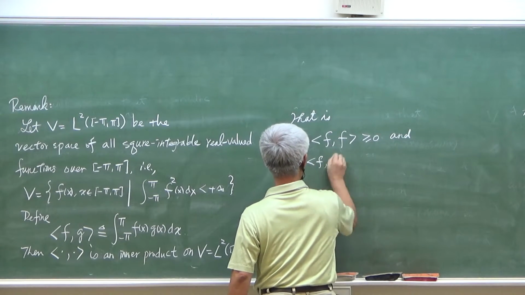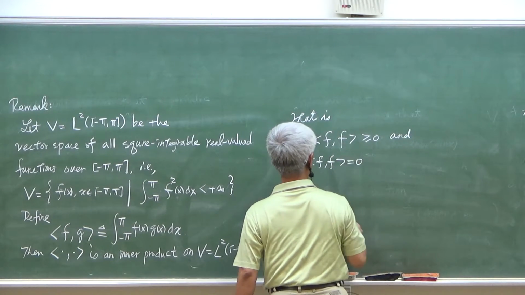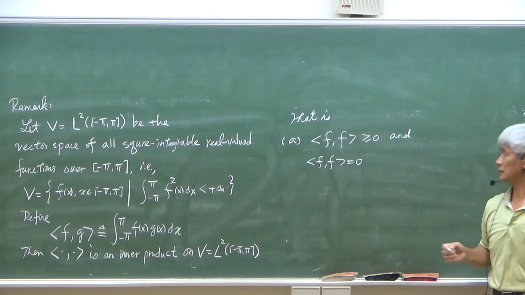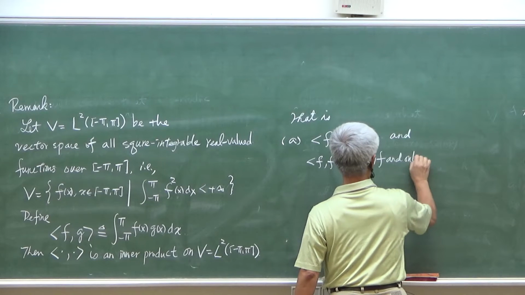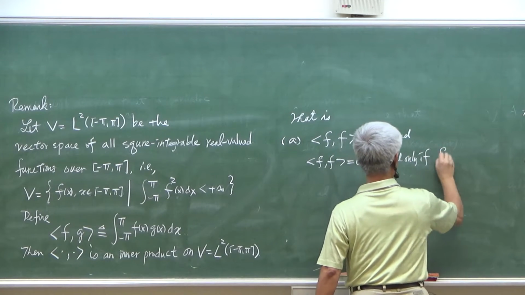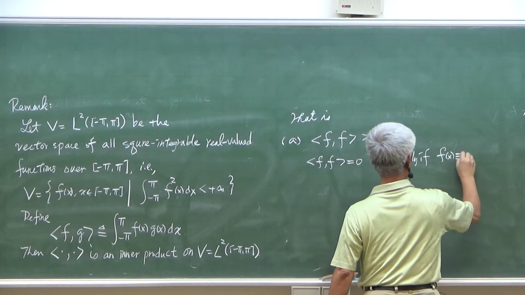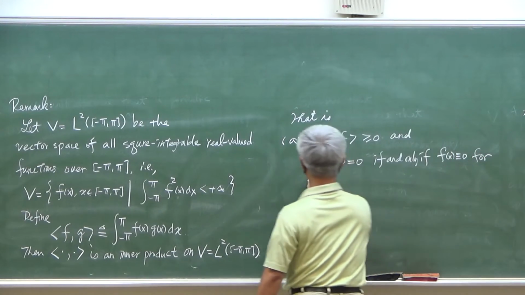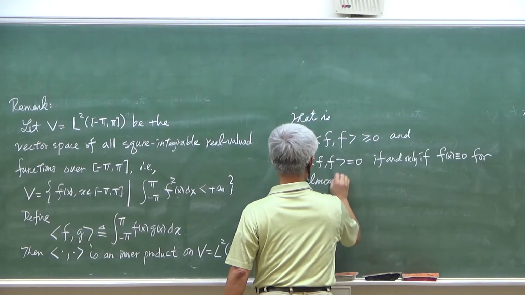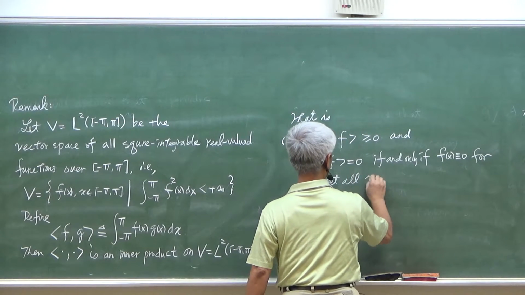And the inner product is 0 if and only if f of x equals 0 for almost all x.